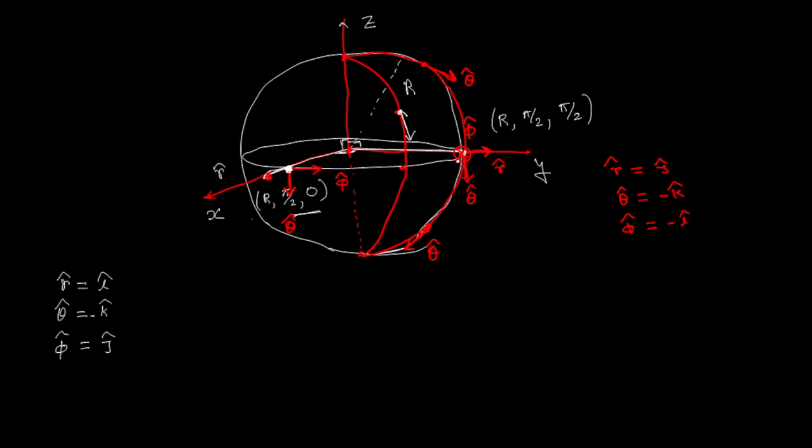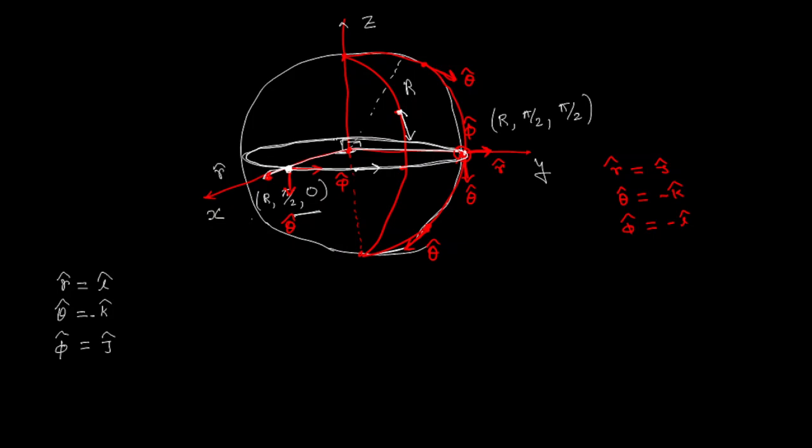So from these two points, we can say that phi cap will be the tangent. If you draw a tangent in the anti-clockwise direction on this circle, this is also a circle about the z-axis. So on this circle, if we draw a tangent in the anti-clockwise direction, then the direction of this tangent will give you the direction of phi cap at any point.